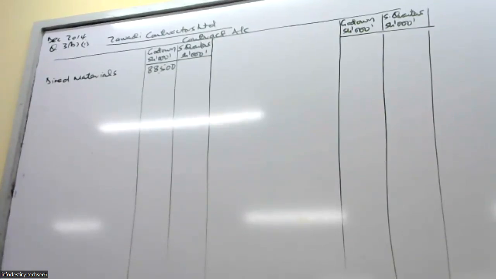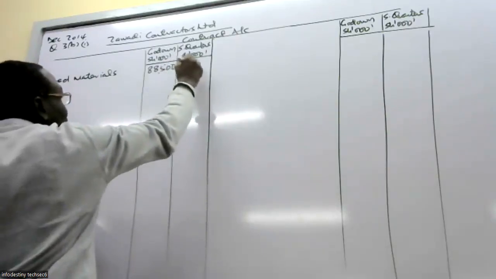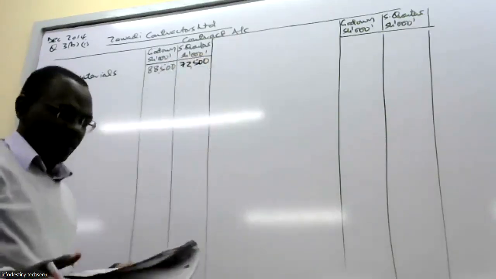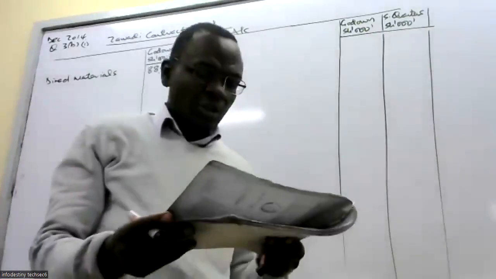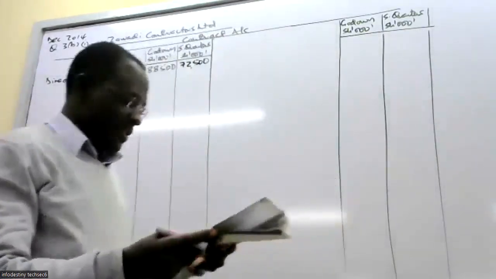So material cost, you have got the staff quarters, how much is it? 72,500. So we're in agreement, this is 72,500. That is materials. Then there is something called salaries and wages.